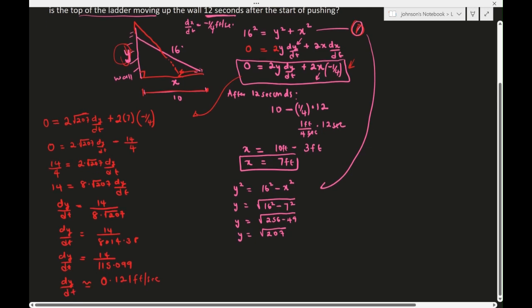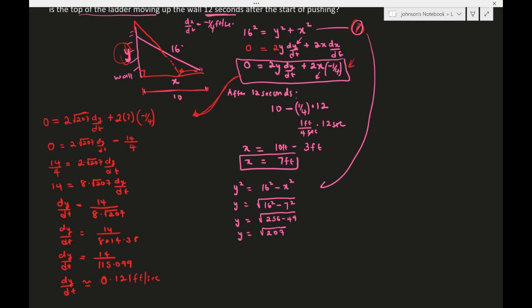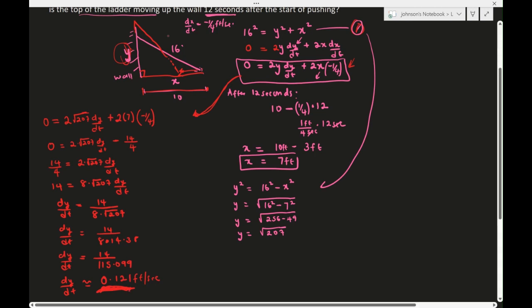Then you can go back and find the value of y. After you have the value of y, just plug into your derivative. As you can see, the change in y is positive, while the change in x is negative.